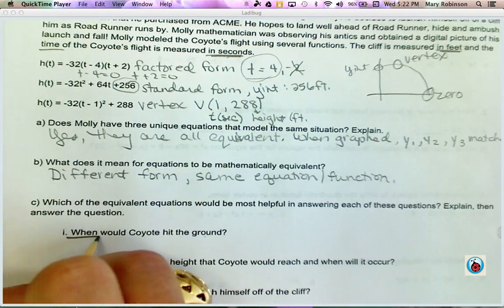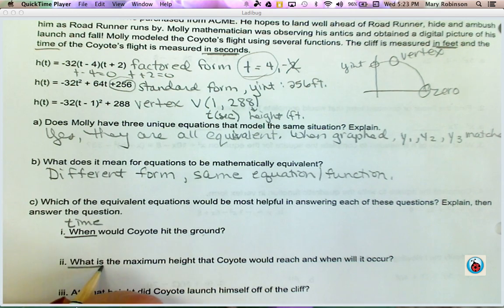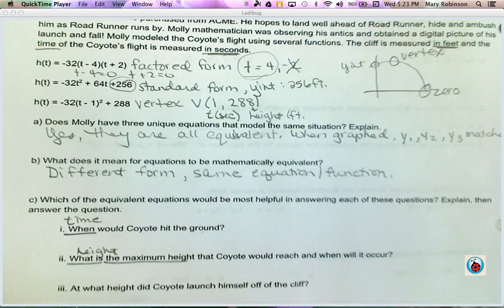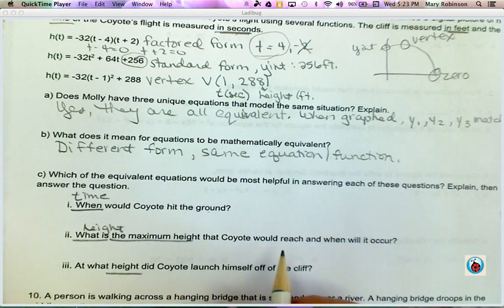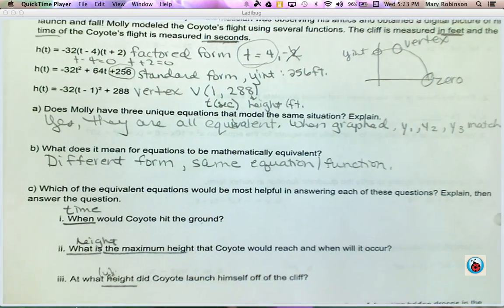So pay attention to when it says when, that means time. If it says what is the max height, then we want the height in feet, right? And then at what height did he launch himself off the cliff? So that, again, is going to be our y value here. So I'll just put in here y.